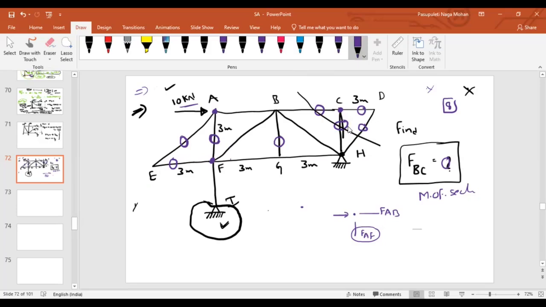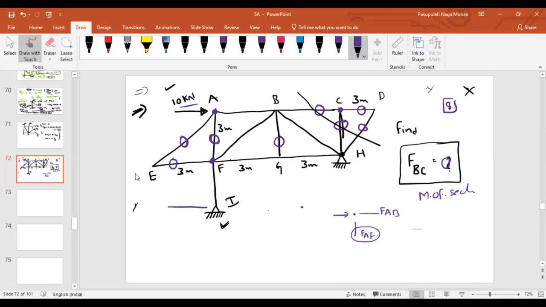No, sir. How are the forces transferring to the support I, first of all? Vertical force will transfer through the AF member. The AF member is directly transferring, sir. 10 kilonewton is directly transferring, sir.